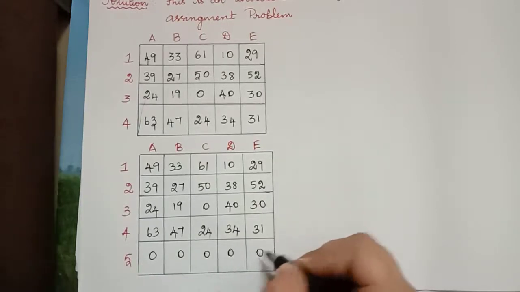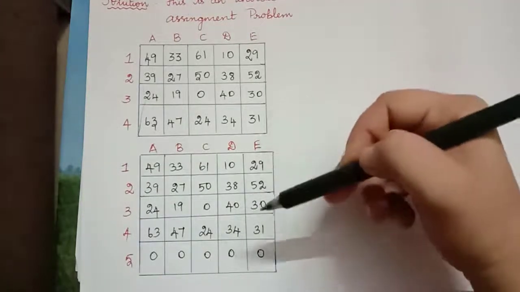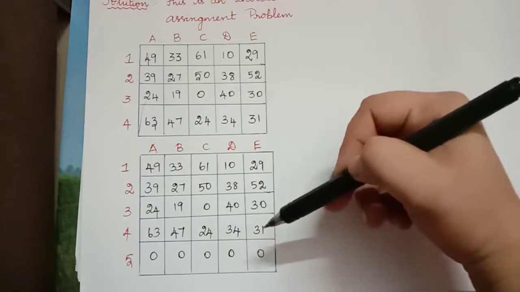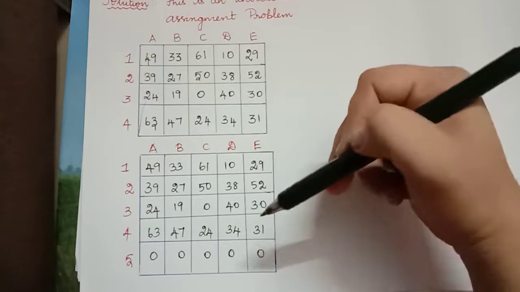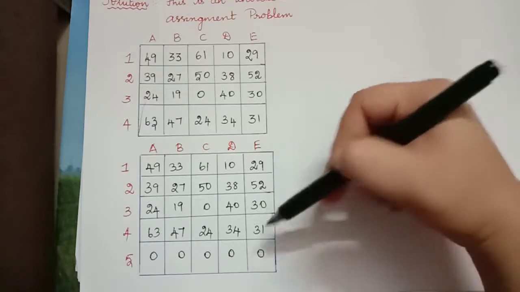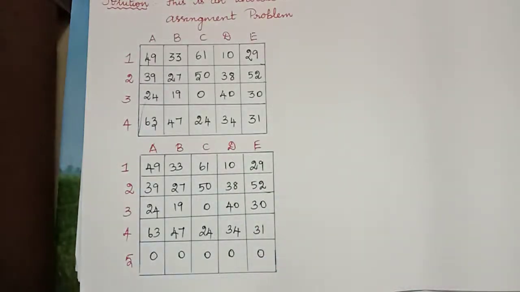So now this unbalanced problem has been converted into a balanced assignment problem. And now we have to use the usual Hungarian method to solve this problem. So the first step in solving this problem is row reduction.